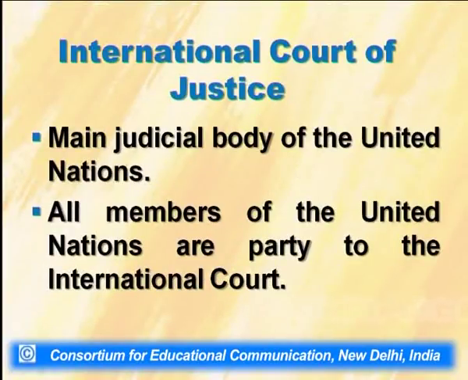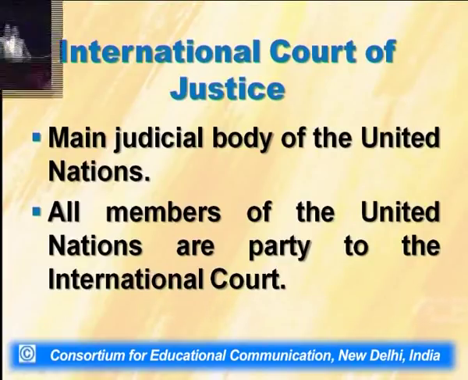Moving ahead to the next organ of the United Nations, the International Court of Justice. The ICJ is often called the main judicial body of the United Nations. All members of the United Nations are party to the International Court.